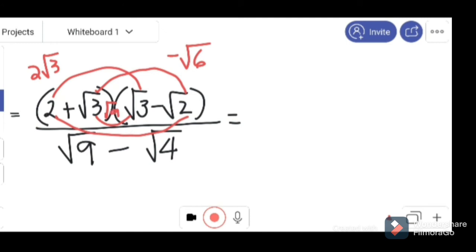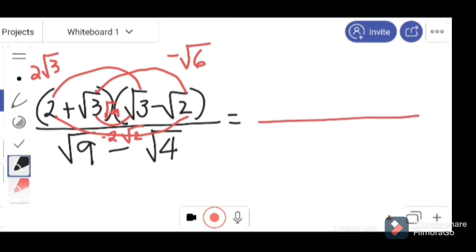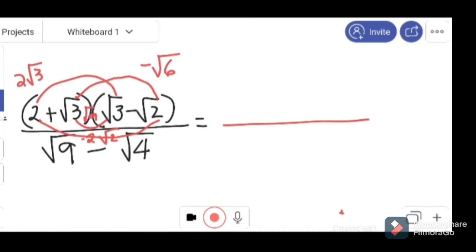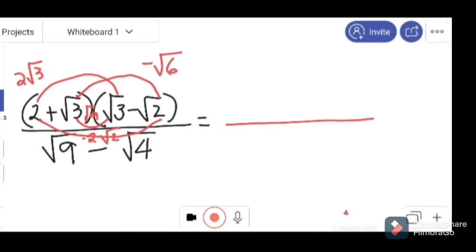And the outer is 2 square root of 2, negative. And then we rewrite. This is important that you remember how to multiply binomials. You've learned this during grade 7 and grade 8.